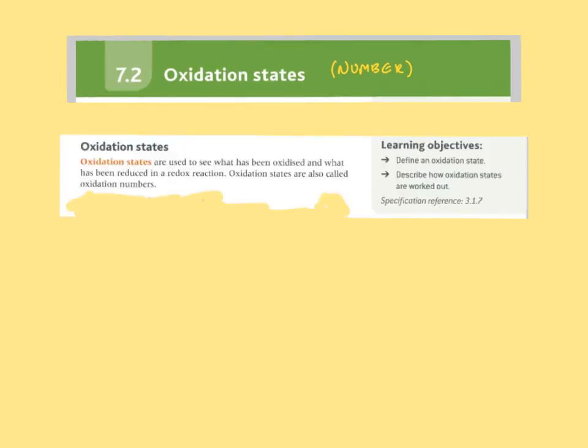So from the syllabus, you need to be able to define what is meant by an oxidation state and describe how you work out oxidation states. From your textbook, it tells you that oxidation states are used to see what's been oxidized and what's been reduced, because it's not always apparent. Not all equations are simple electron transfers.